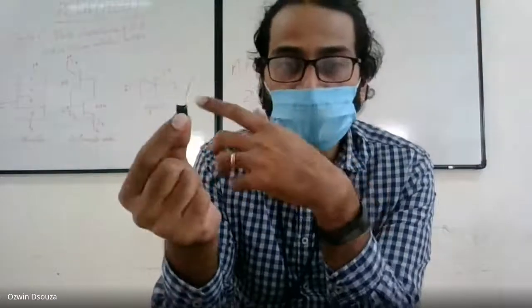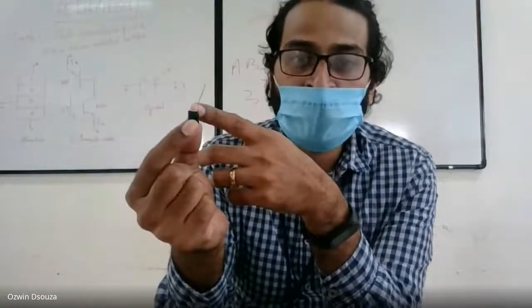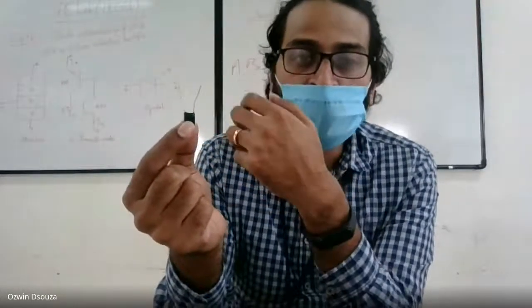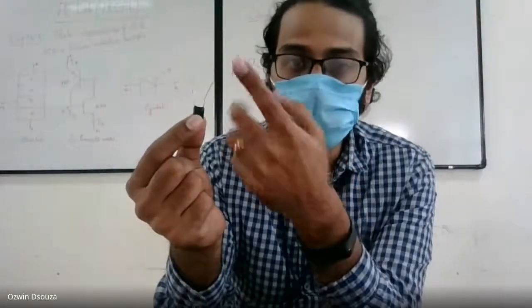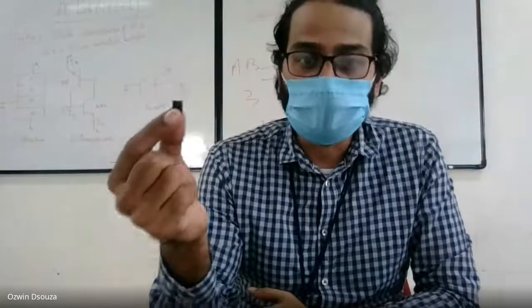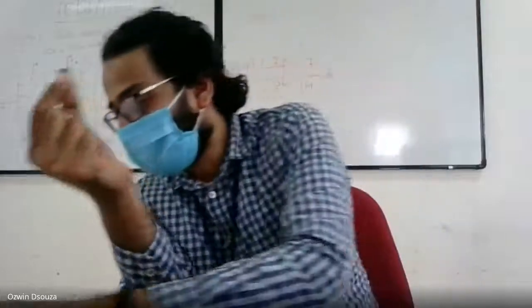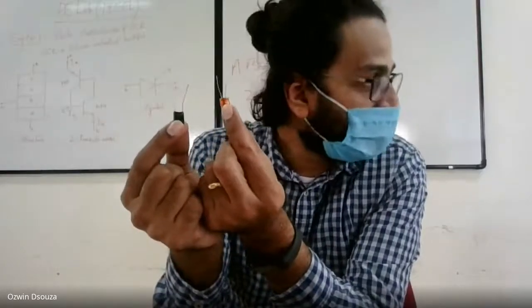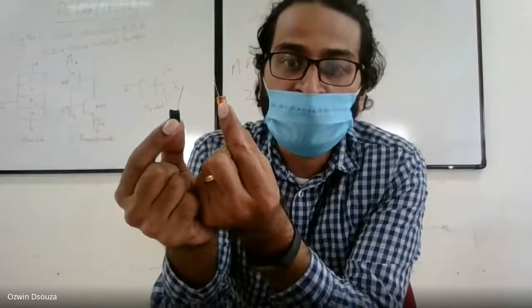You can connect this capacitor in whichever way you want. You don't have to memorize the terminals. Normally, polarized capacitors have higher capacitance rating and non-polarized capacitors have lower rating.